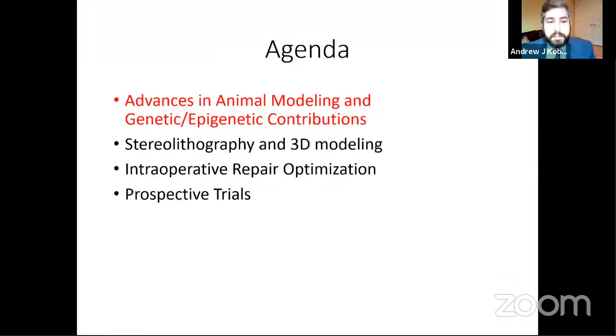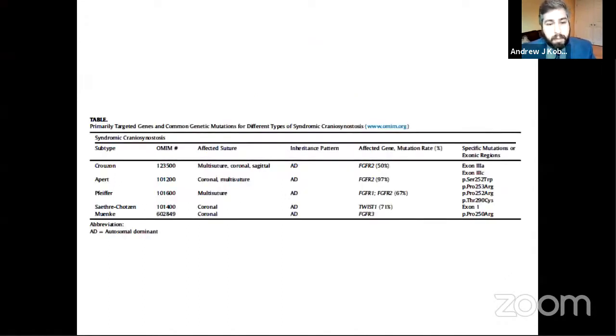So first, I'd just like to touch on some animal modeling, and some epigenetic and genetic contributions that have recently been made in the literature. We talked about the big three syndromic causes of craniosynostosis, Crouzon, Apert, and Pfeiffer, but Muenke and Saethre-Chotzen we should also consider. A lot of these involve, at least for the big three, fibroblast growth factor receptor abnormalities.